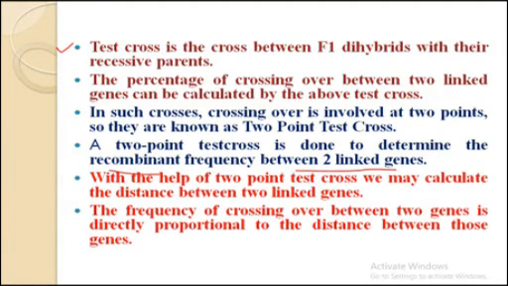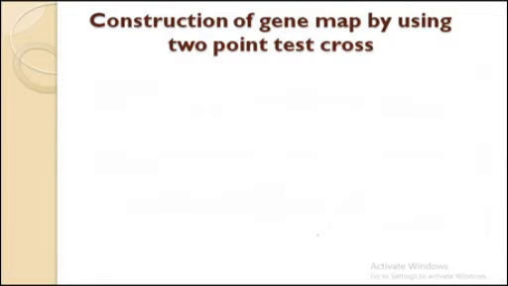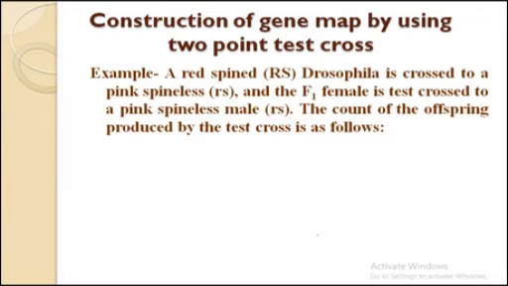The frequency of crossing over between two genes is directly proportional to the distance between those genes. So once we calculate the frequency of crossing over, automatically we will get the distance between these two genes. Now we will see how to construct a gene map by using two-point test cross.